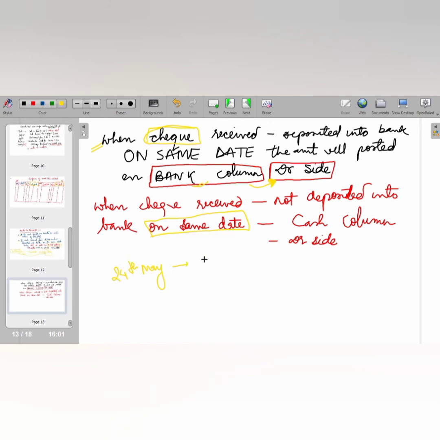Today we received check, and on 25th May we are going to deposit it into the bank. Okay, what will happen? It will not affect the bank column because this has been converted into cash, so it will affect the cash column of the debit side. Fine.